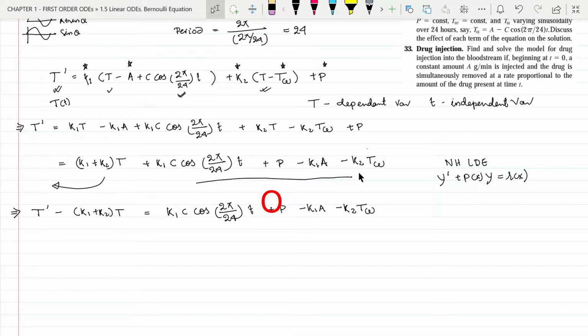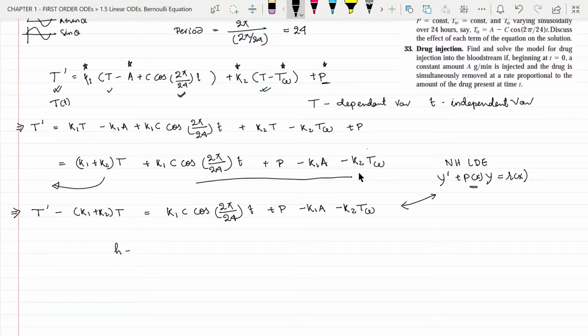Now you have to note one thing, that this P term in this equation is different from this P term in the differential equation. So now let us compare these two equations, that is the standard form of non-homogeneous linear differential equation, with our given differential equation, and write down the solution.